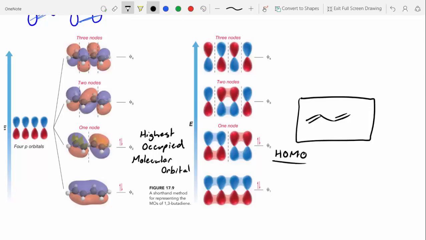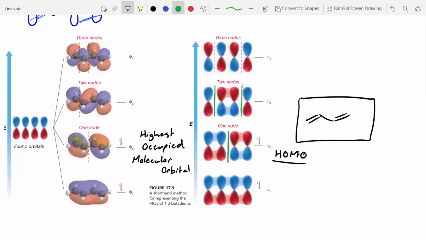Anytime you have a phase change between one lobe being in line and another lobe being flipped, we call that a node. So you can see in our highest occupied molecular orbital, we have one node going in between the two internal carbons, and that just shows that those p orbitals don't constructively overlap with one another anymore. All right, if we go up, we've got these other lobes. The next one, we've got two nodes in between it.